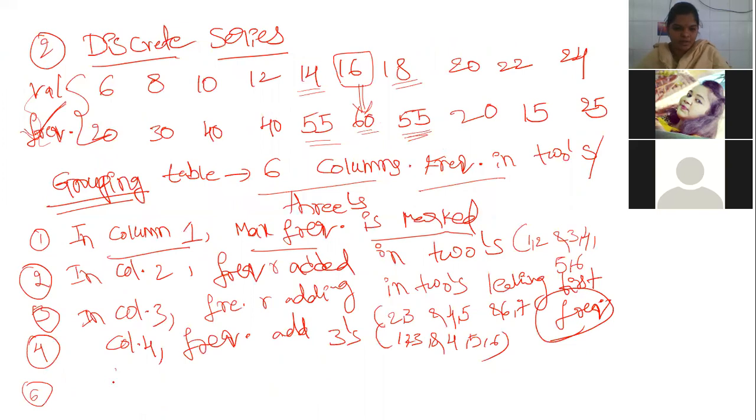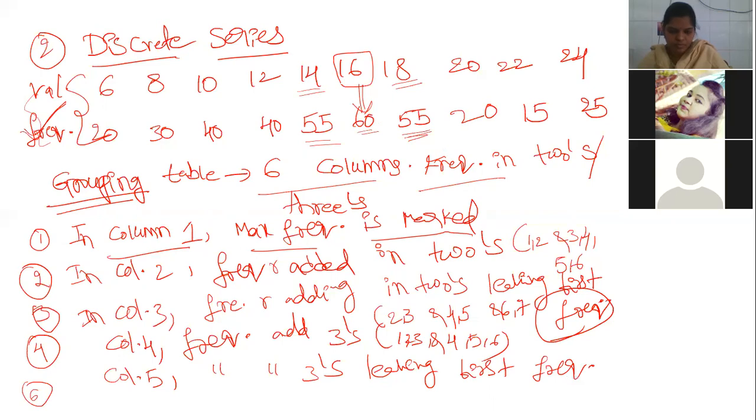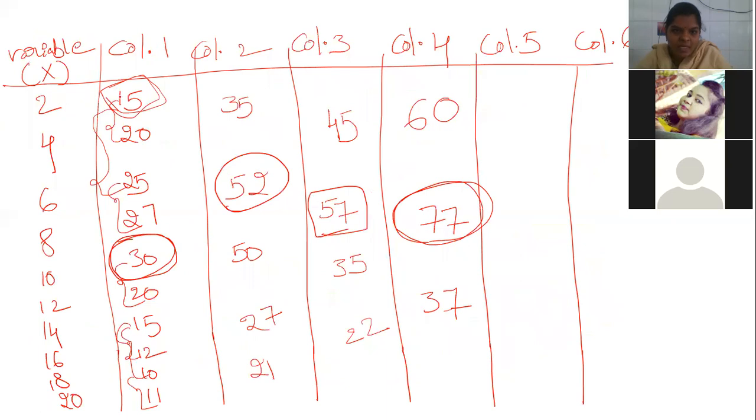Right here, column number 5. Frequencies are added in threes by leaving the first frequency. See here. You just leave this 15.